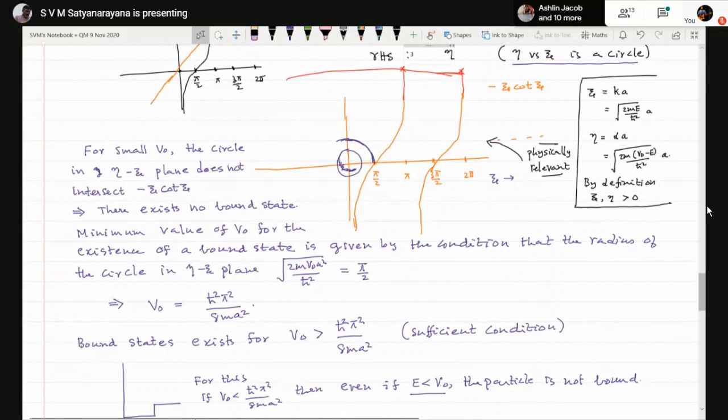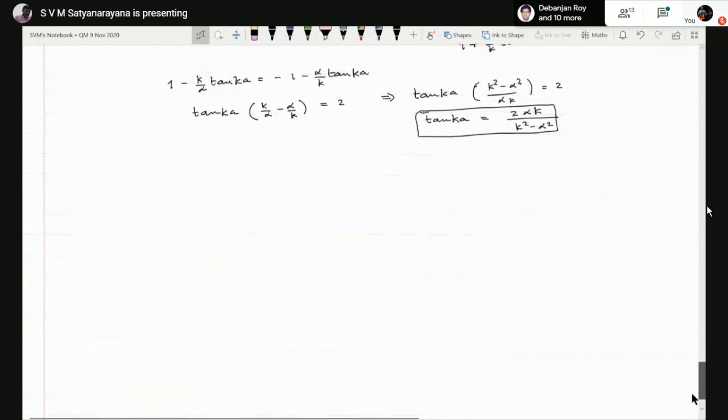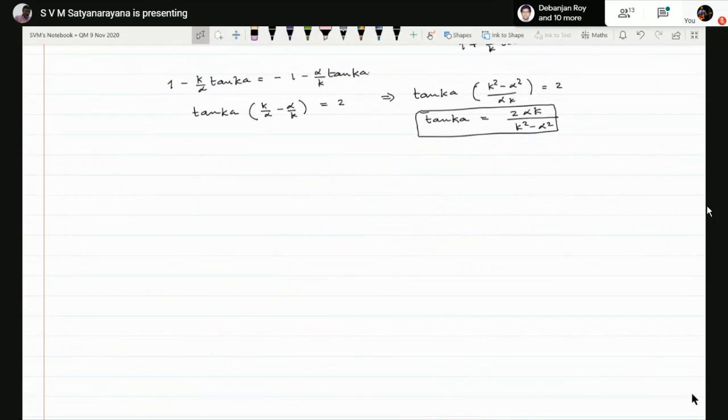But anyway, let me just tell you the story. The story is that if you try to plot the left hand side and right hand side, you will see that the tan function will pass through the origin. Suppose this is your pi by 2, and your tan function will have a graph like this.